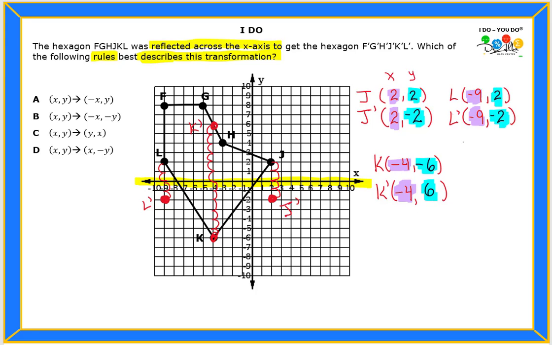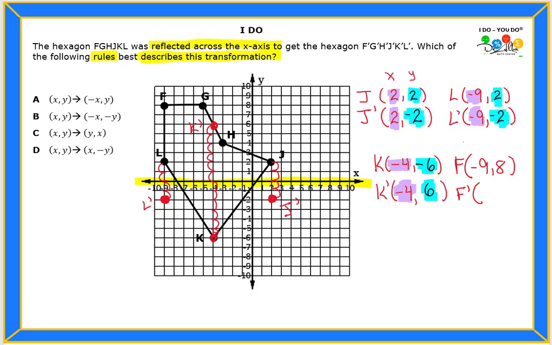So notice what's happening here. My points are keeping the X coordinates, but the Y coordinate changed to the opposite. Okay, so let's go ahead and do the other ones. So let's see F. F is -9 and 8.